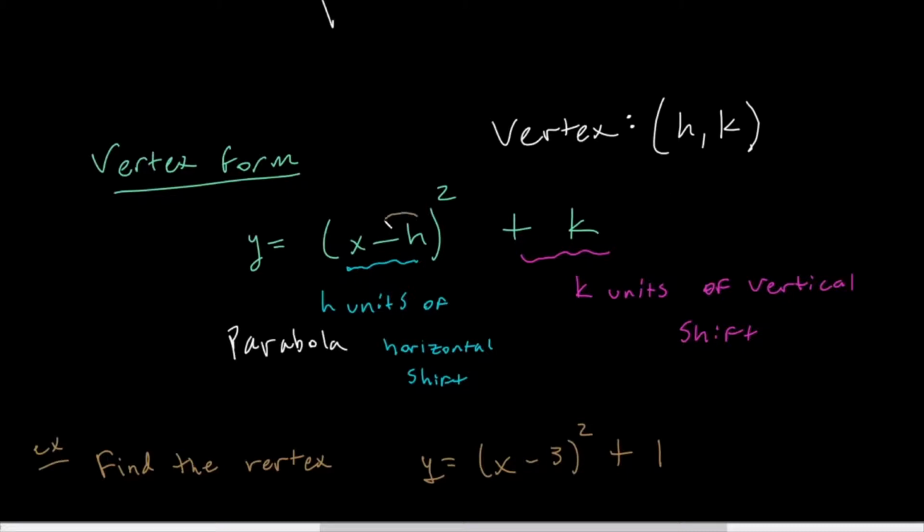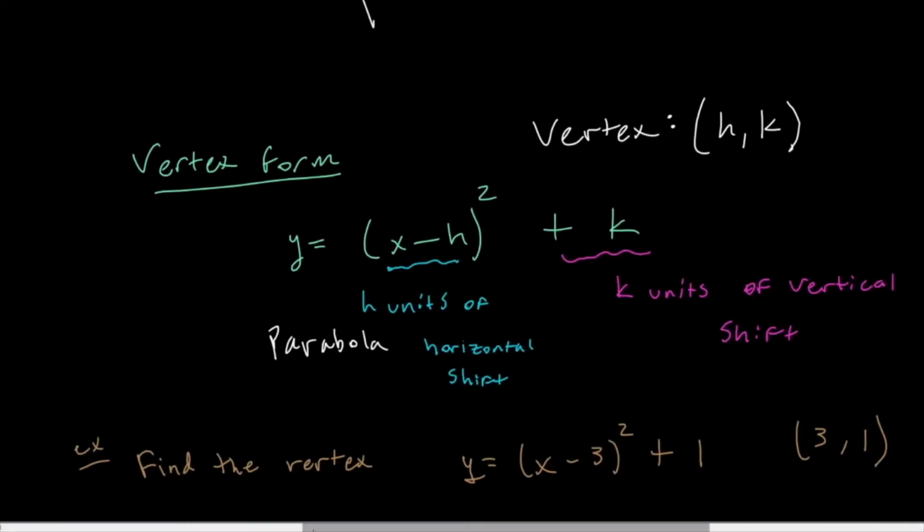I'm looking at this number, minus 3, so what's h? H is 3. It's shifted 3 units, and then k is 1. So here's my vertex here.